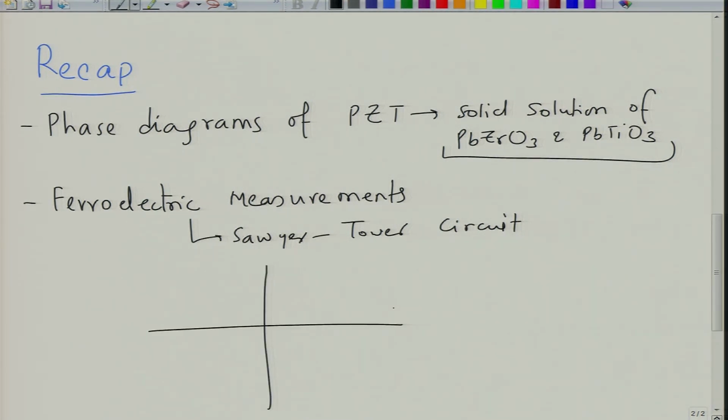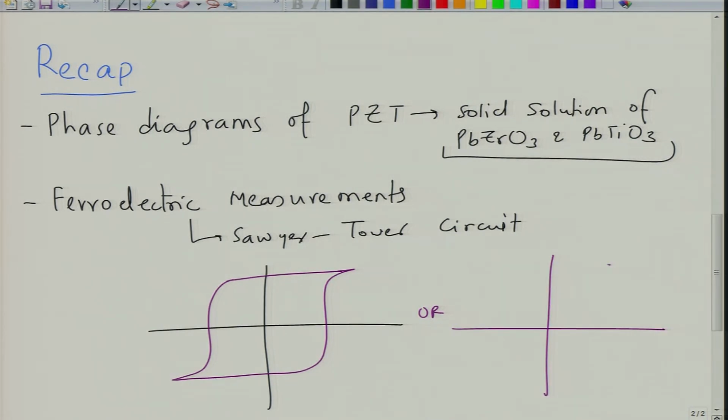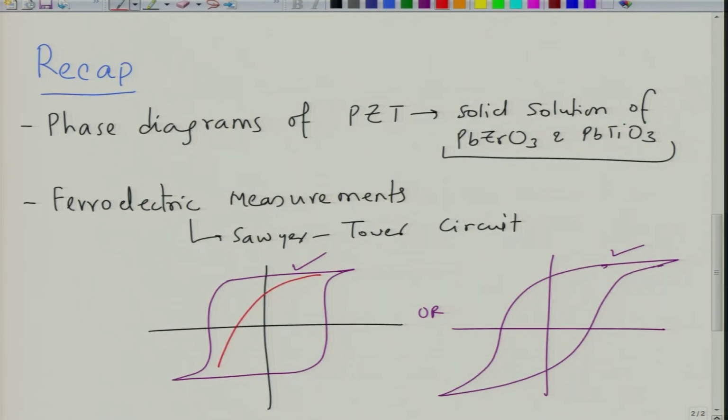So, a good ferroelectric loop would be something like this, or something like this. These are good ones. But if you have something like this, then this is a bad ferroelectric loop. If you have something like this, it is also a bad ferroelectric loop.